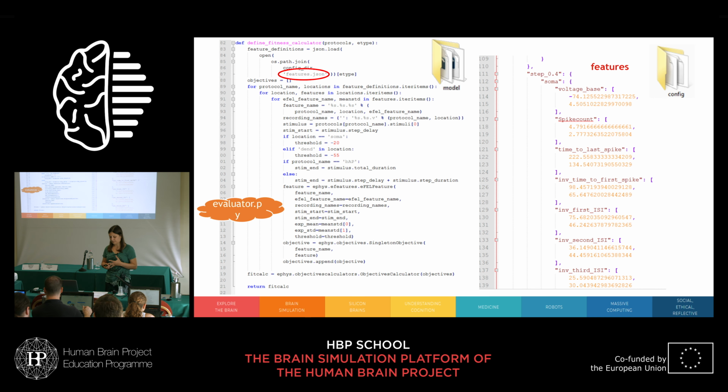And then to compute the model score that will be used by the optimization algorithm, we defined objective objects. In the features.json file, you have seen already yesterday the structure of this JSON file.